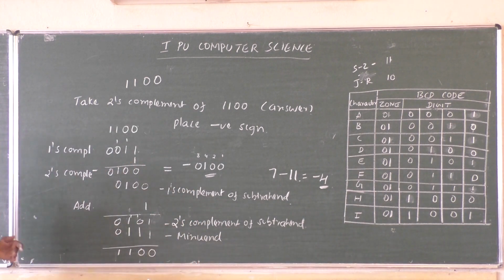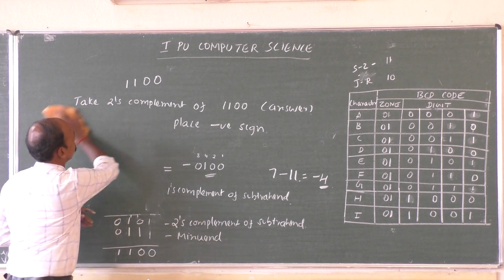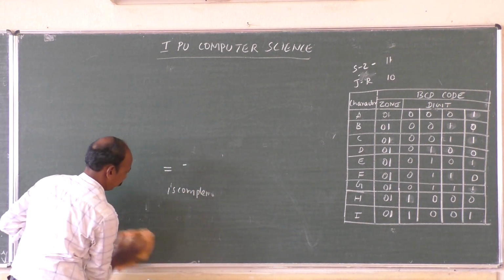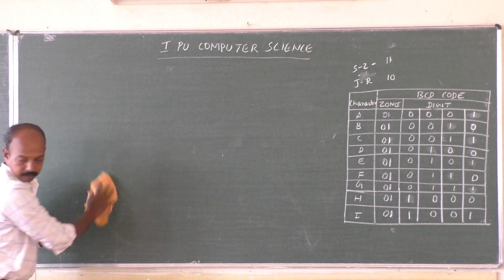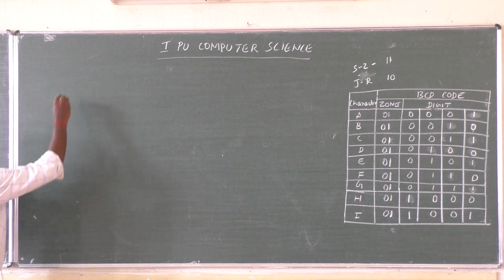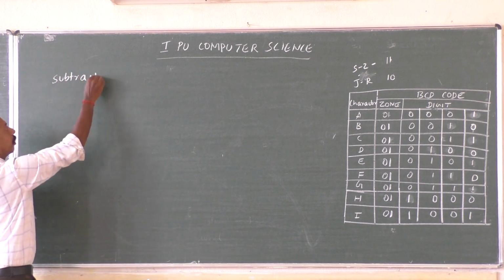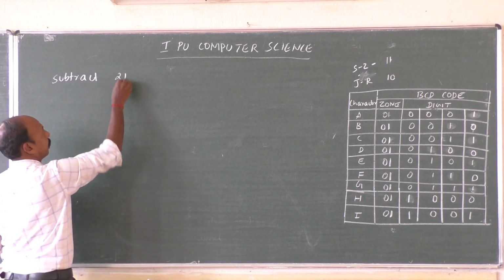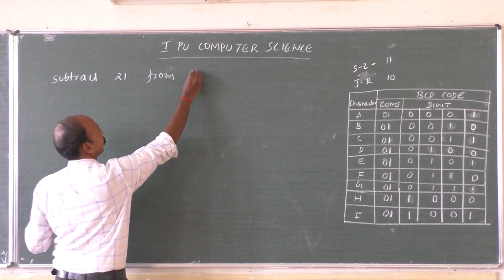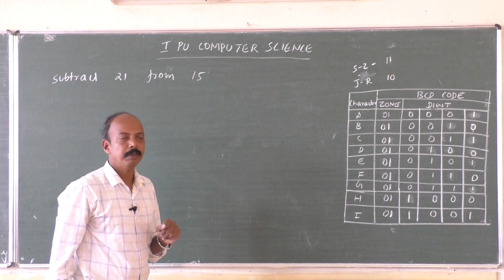Let us work out one more example. Subtract 21 from 15.